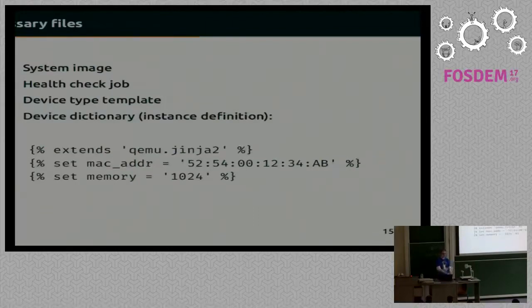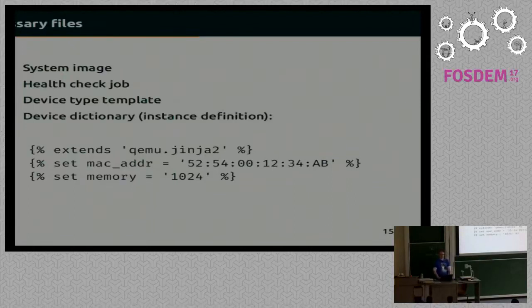As for other requirements that you'll need to set it up, of course, a system image for your Linux board, and a health check job, which together with the system image is already provided in Lava by Linaro. Also, a device type template, and for QEMU, which we'll focus on today, it's already available in the default Lava distribution as well.